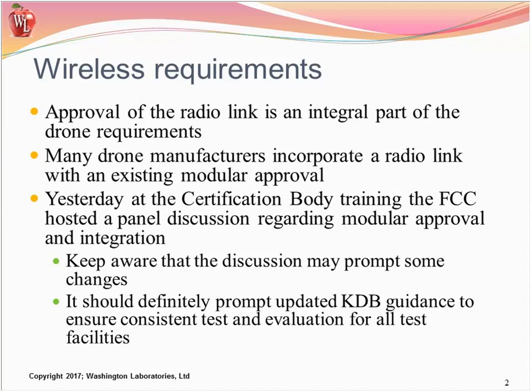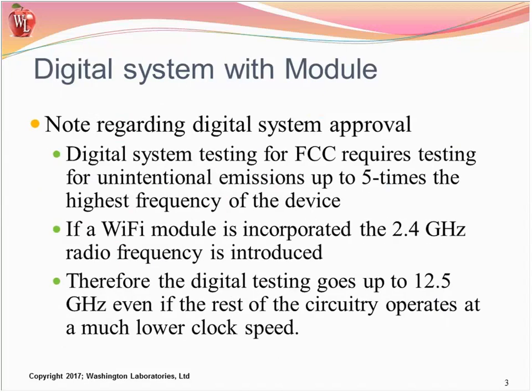So in thinking that way, the digital system with a module has to be dealt with. Now, the digital system may need some sort of approval for an FCC for a non-transmitting or an unintentional radiator. So we need to test it up to 5 times the highest frequency of the device.